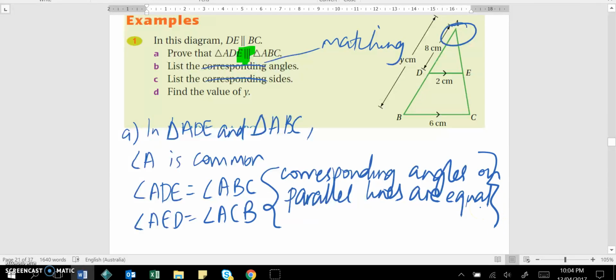Okay, and so basically what I've shown is three pairs of matching equal angles.